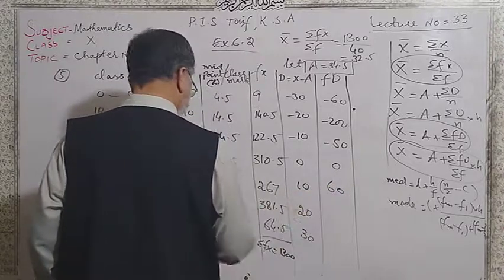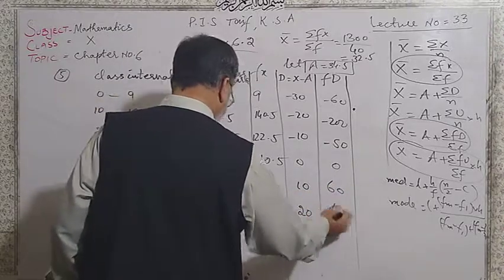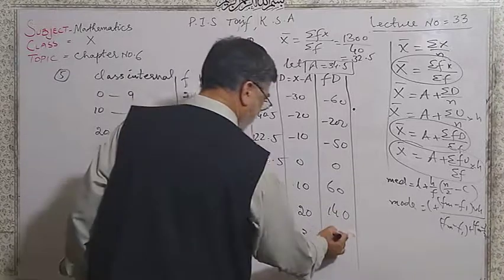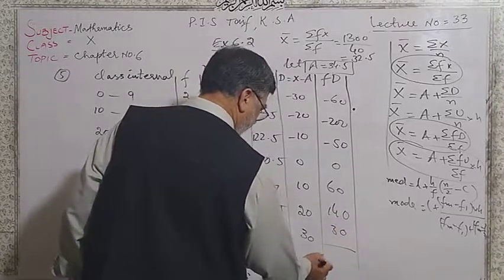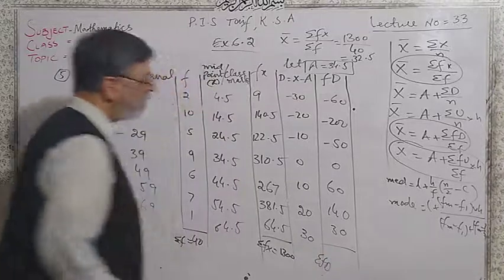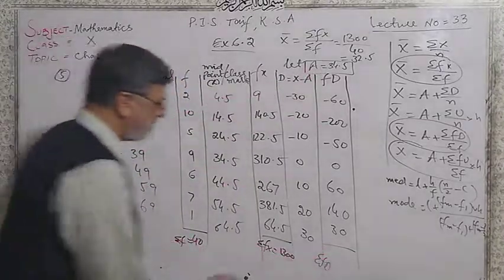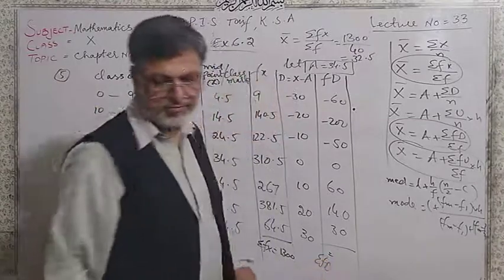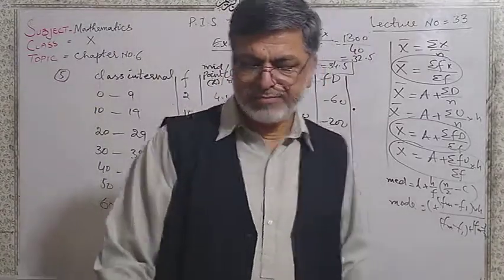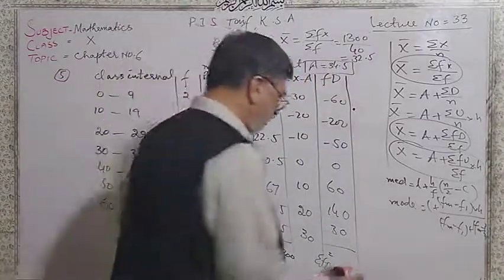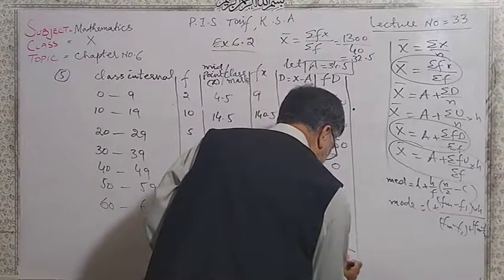This is 60. This is 140. 20 into 7. And this is 30. Here will be sigma FD. Add all values of FD and write down here sigma FD. What is sigma FD? That will be equal to minus 80.